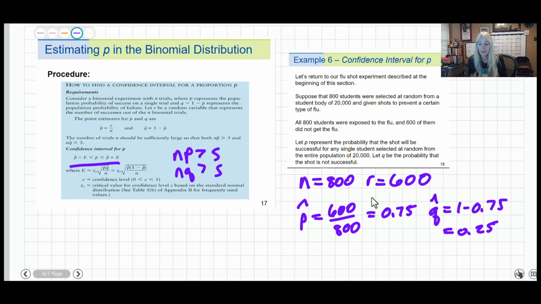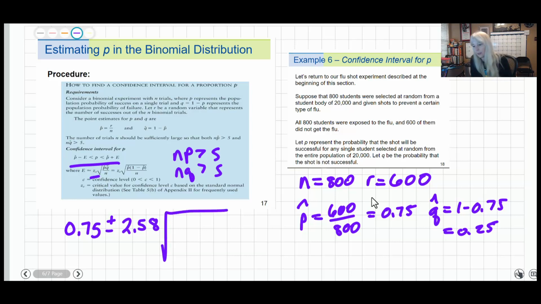But now easily I can plug all this in now for my error. Now notice that estimating the population proportion actually uses a z. Okay, so it's got nothing to do with standard deviations and such. To do this, I simply do the plus and minus. So I do 0.75 plus and minus, notice I'm just following right above there, my Z. I'm doing this for a 99%, so I'm going to do 2.58.